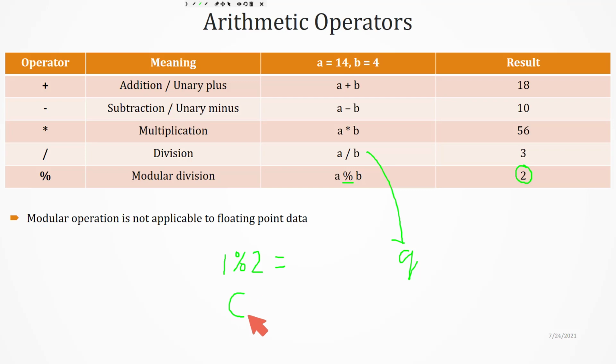Okay, the quotient is 0. So what will be the remainder? What is remaining there? The remainder is 1. When I divide 1 by 2, I can't find any 2 in 1, so that will be 0. So what is remaining there? 1 is remaining.